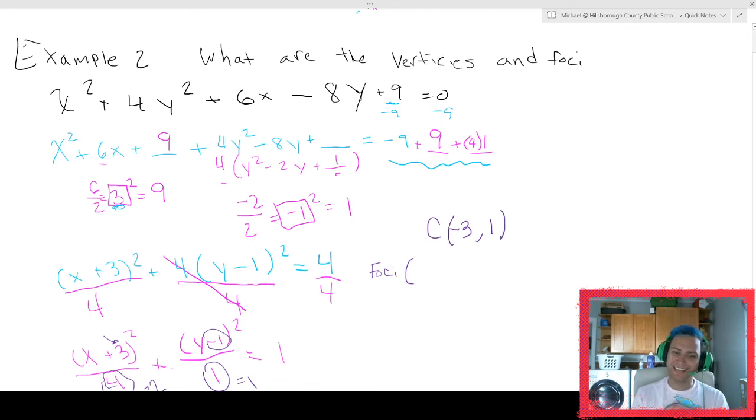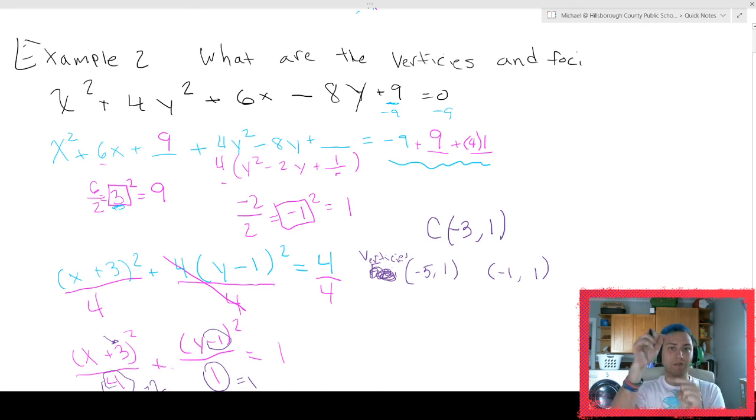The vertices along the horizontal axis are a distance away. So if I take that x value and go 2 to the left, it becomes negative 5. And if I go 2 units to the right, it becomes negative 1. So there are my vertices on the horizontal axis.